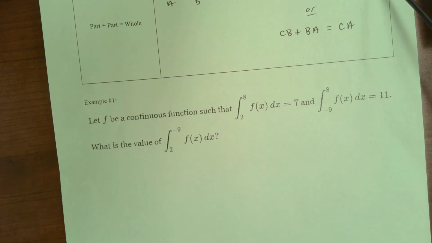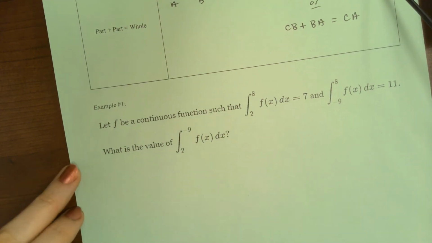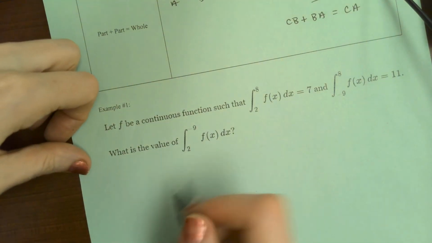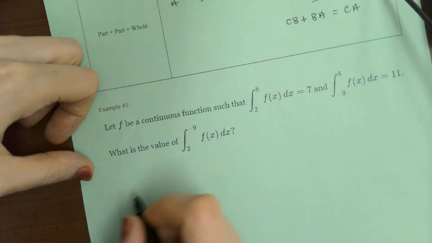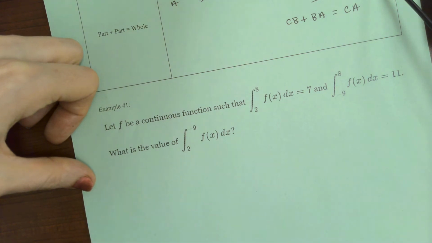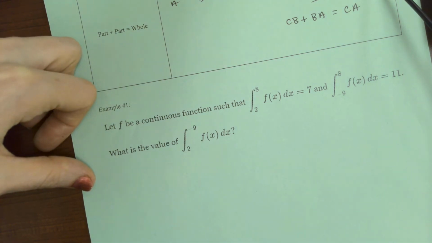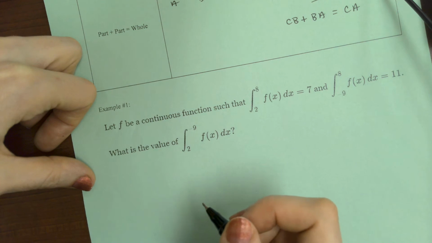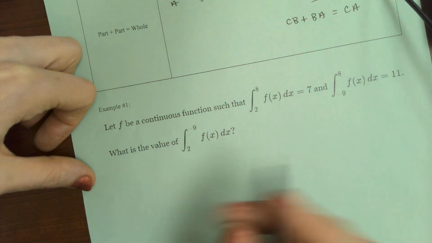So guys, the first thing that you've got to do is get them all going the same way. And it could be helpful to use a little picture here. So we want to get them all going the same way and do part plus part equals whole. And we'll show that with proper notation.